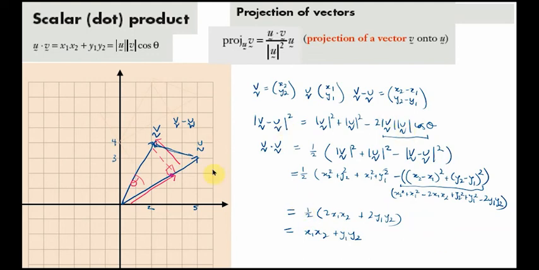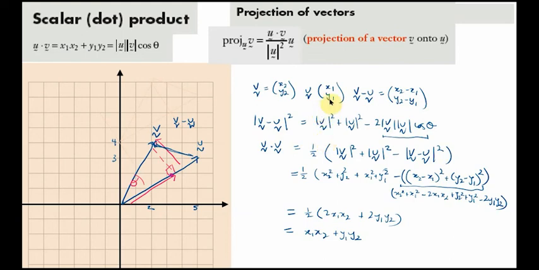So let's just go over what we've done. We've used the cosine rule to equate the sides and the angle of this triangle formed by v, u and v minus u. We've used that to give us an equation which includes the dot product in the cosine form and equates that to the magnitudes of the v, u and v minus u vectors.